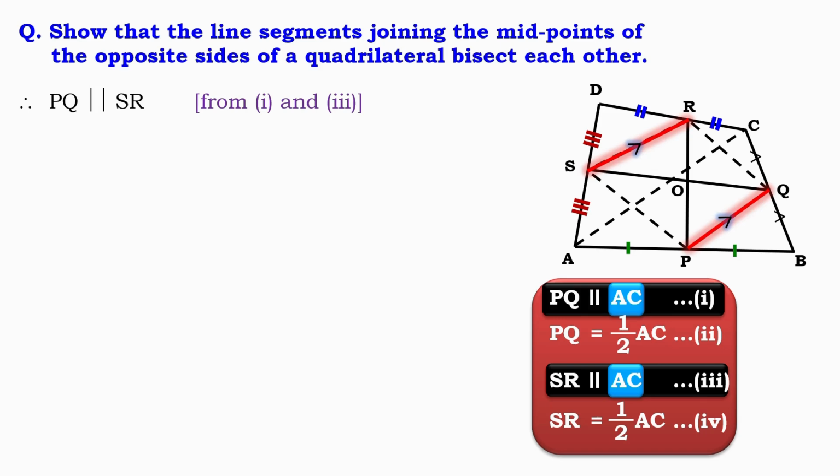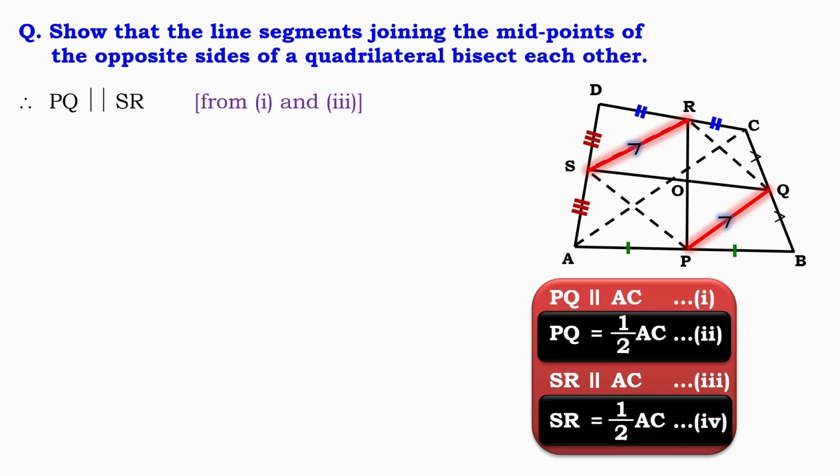I think you have already learned this in Euclid's geometry also. Now PQ is equal to half of AC and SR is also equal to half of AC. So we can say that PQ is equal to SR. Correct?